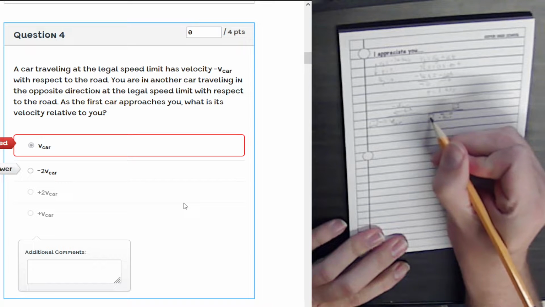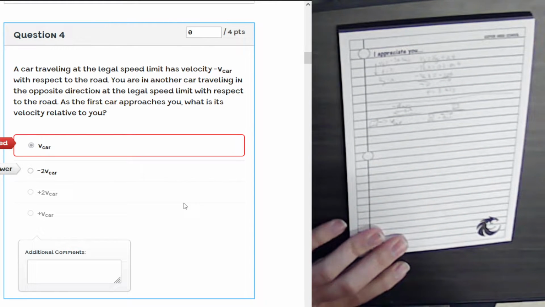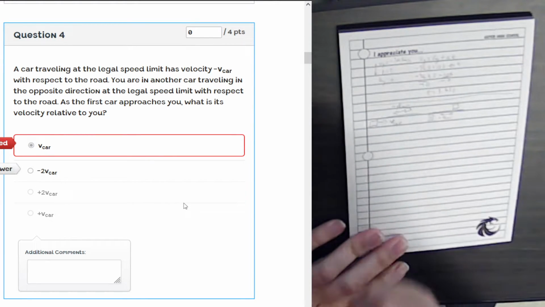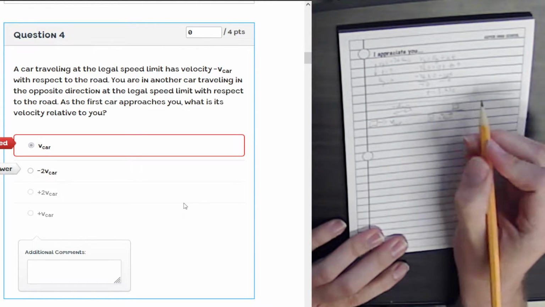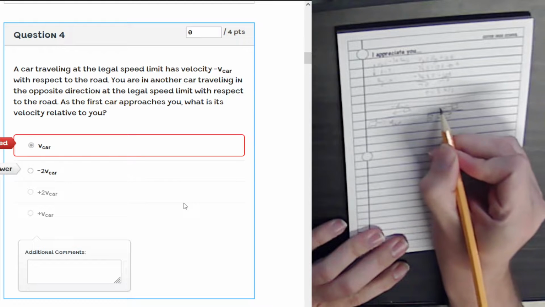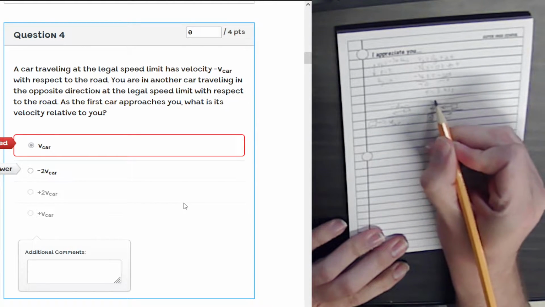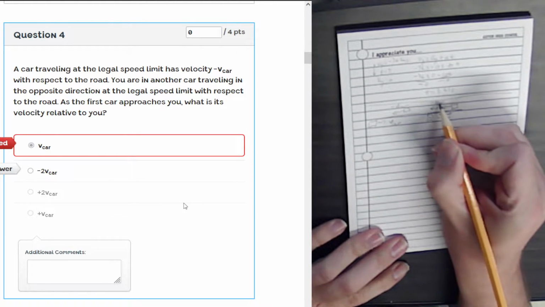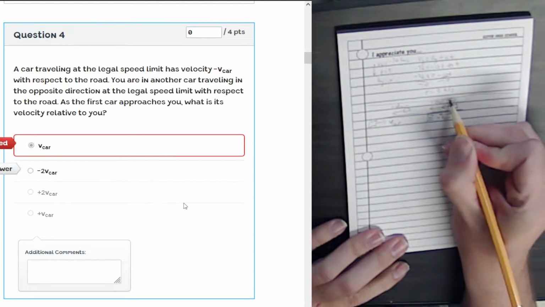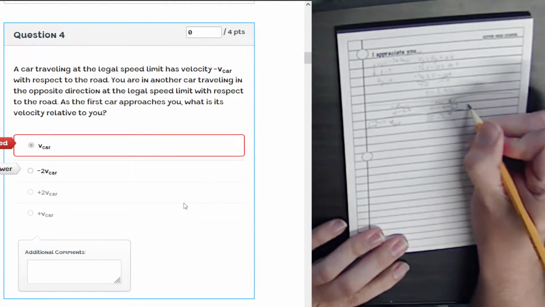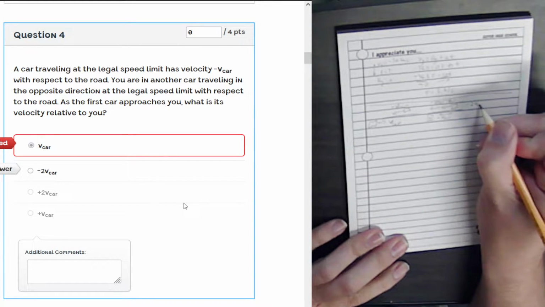So if you're stationary, if your speed is 0, then that's how fast the road's going. Well, this thing's on top of the road, so it would have the road's velocity plus its original velocity, which would be negative v car, and another negative v car. So its velocity should be negative 2 v car.